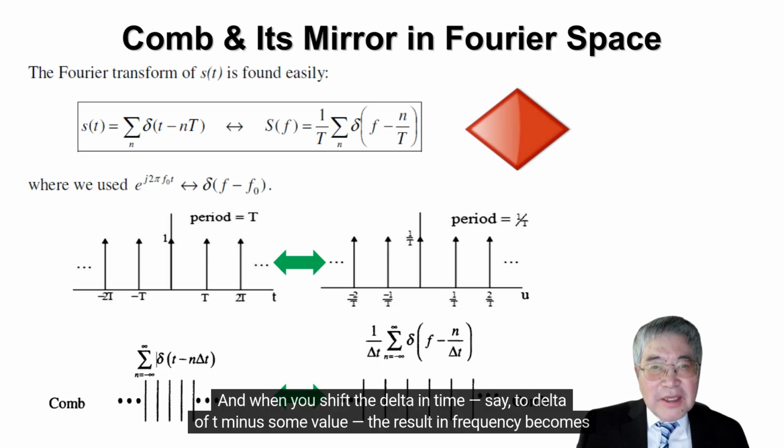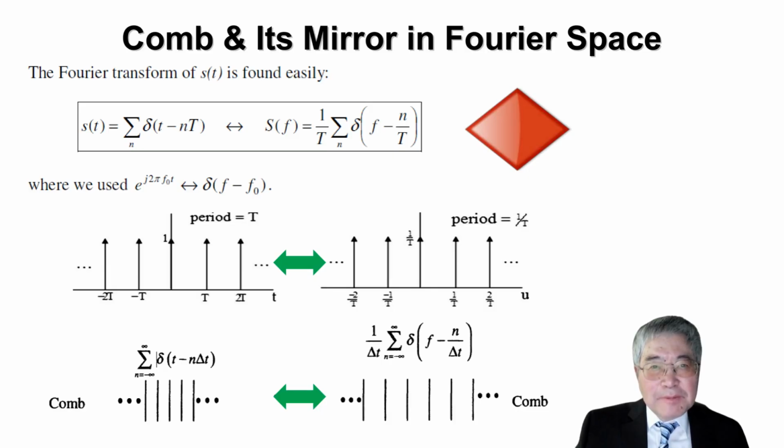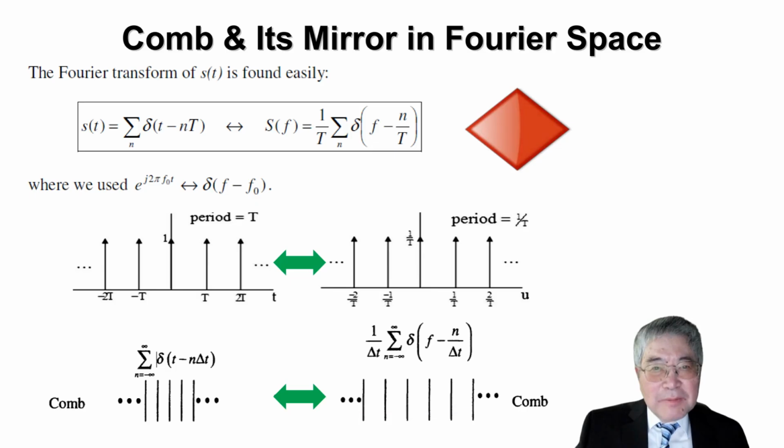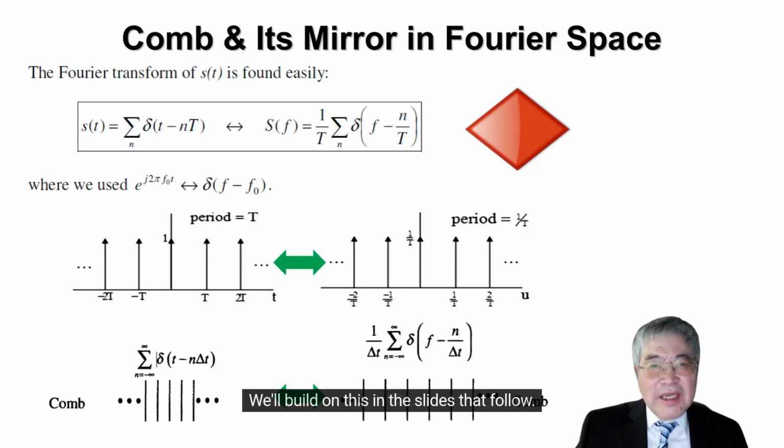And when you shift the delta in time, say to delta of t minus some value, the result in frequency becomes a complex exponential like e to the j2πf0t. That's thanks to the shift theorem. So the takeaway here is a comb of delta functions in time becomes another comb in frequency, just with spacing flipped and amplitude scaled. This sets the stage for understanding how sampling works in both domains. We'll build on this in the slides that follow.